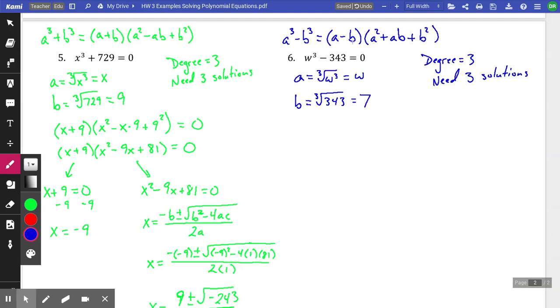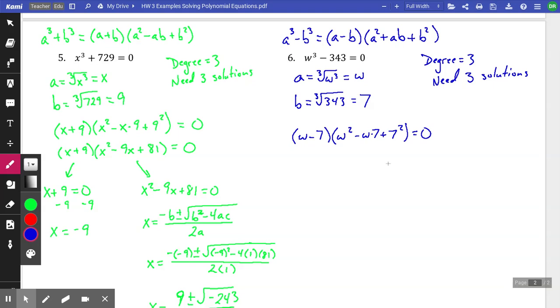So factoring this, everywhere we see the letter A, we'll replace it with W. Everywhere we see the letter B, we'll replace it with 7. And that gives us W minus 7 times W squared minus W times 7 plus 7 squared.